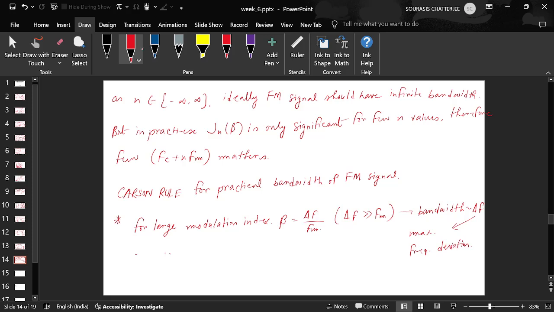So what is the key takeaway from that? You have a large modulation index. That means your modulation index is characterized by the ratio of the peak frequency deviation divided by the maximum frequency component of the message signal. So a large modulation index means your frequency deviation is much larger than the maximum frequency component of the message signal, and in that case the bandwidth of the frequency modulated signal approaches the peak frequency deviation. That is, you can approximate the bandwidth as delta f.